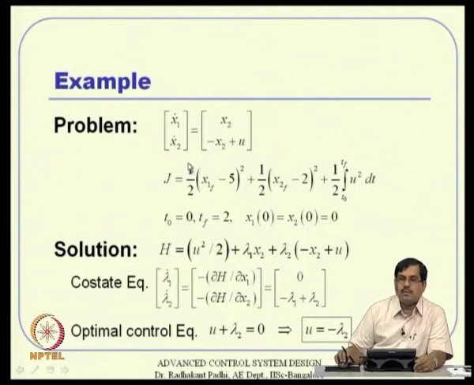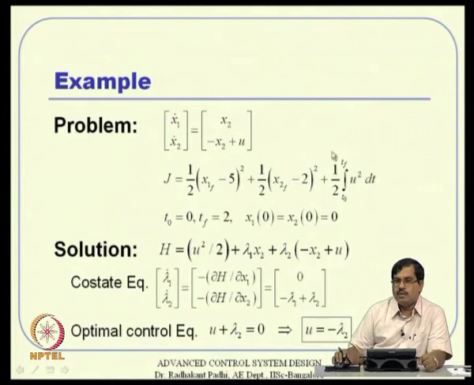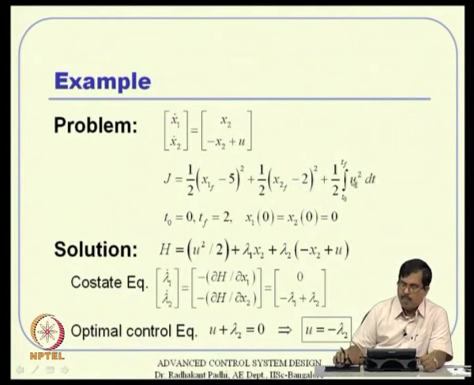The cost function that we need to optimize is something like this. So, J is like that, and T0 is 0 and Tf is 2, that is what we select. If you select something else also, these things should be possible to solve. Then we are putting x1 of 0 and x2 of 0 as 0. That means the initial condition for both states is 0.